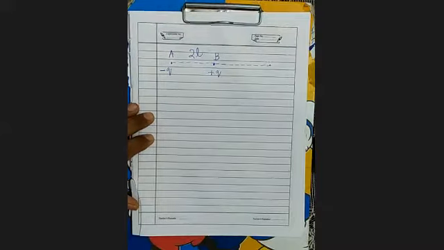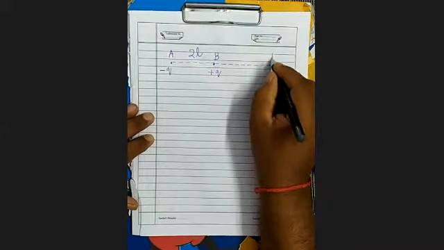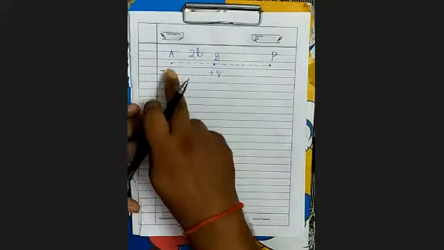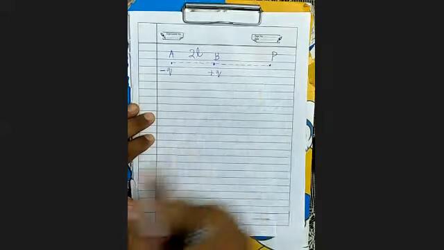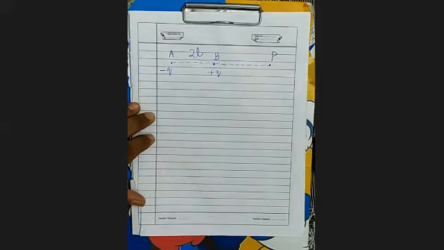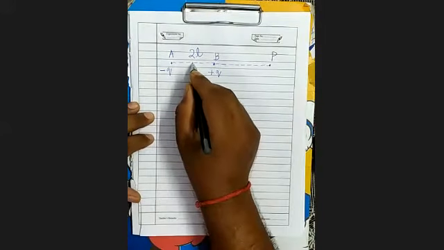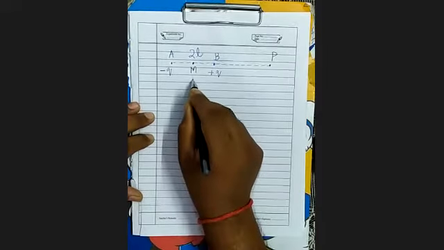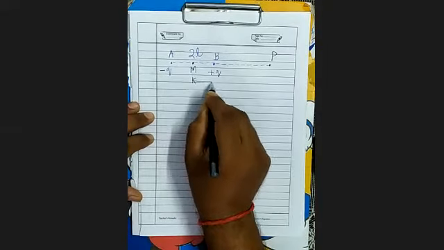This is a point P. You have to determine the electric field at this point P, whose distance is measured from the center of the dipole, which is usually the midpoint of the dipole.